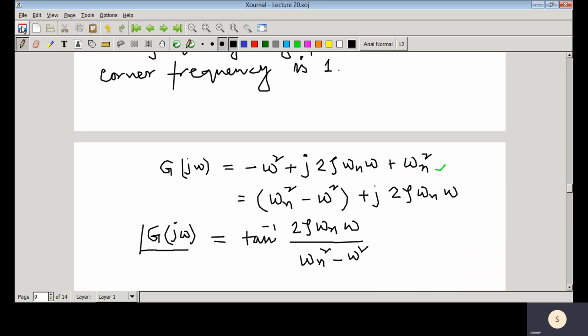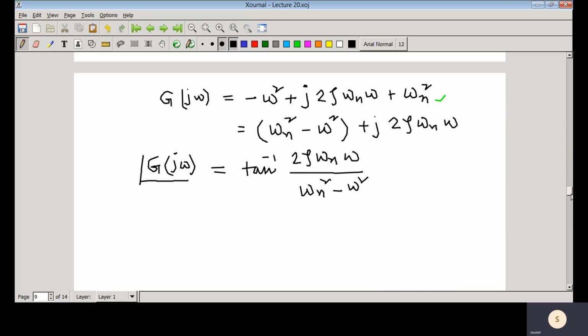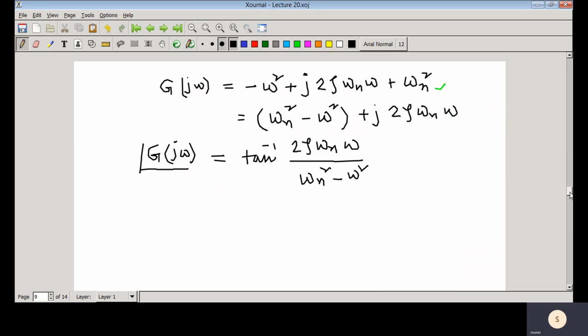So at omega equal to omega n, that means at the corner frequency, the angle of G j omega would be equal to 90 degrees.